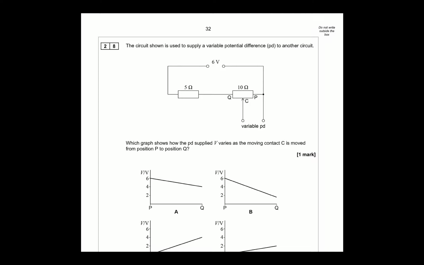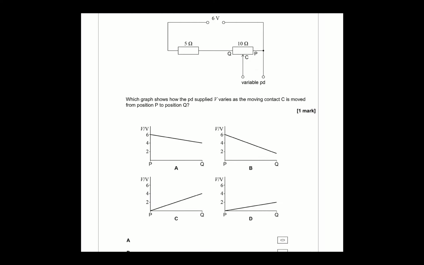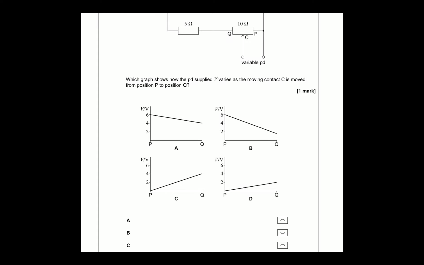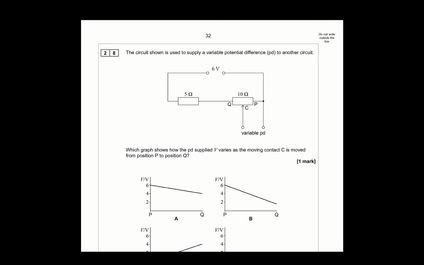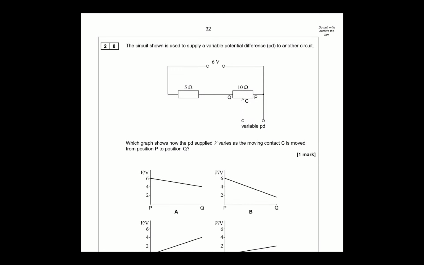Which graph shows how the potential difference supplied V varies as we move contact C from position P to position Q? So at position P, we should have 0. Here, if we look, this is 5 ohms, this is 10 ohms. This can get up to 4 volts, and this will always have up to 2 volts.